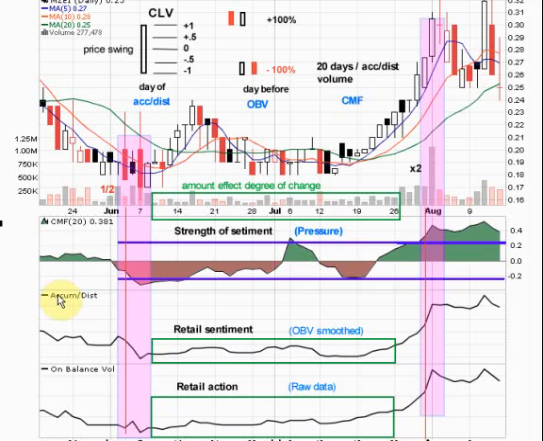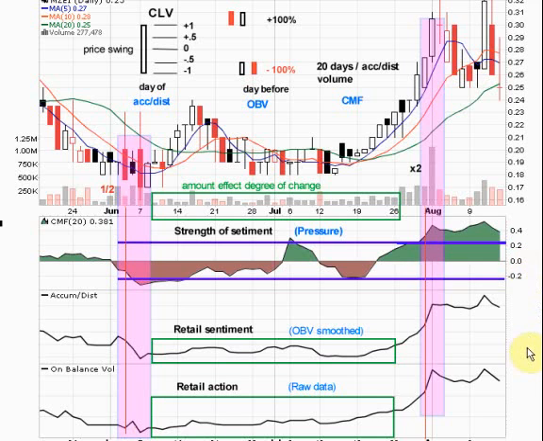So if your accumulation distribution has a point of X, what the CMF does is take that number and divide it into 20 days worth of volume, and that will give you a zero point, a plus, and a minus. That will give you a pressure statement, allowing you to determine the pressure on the move.